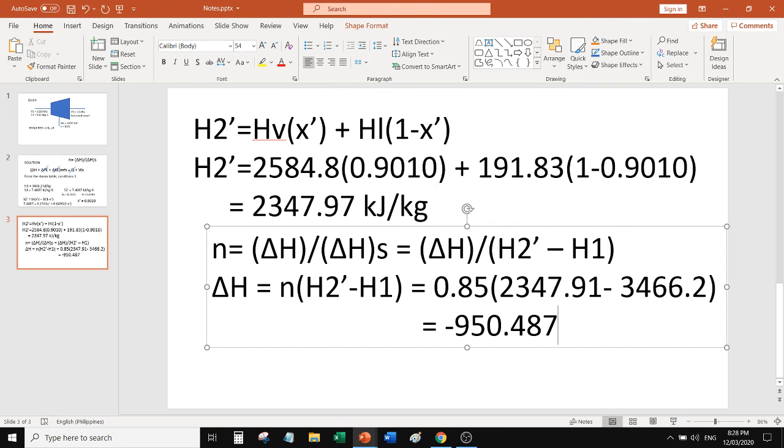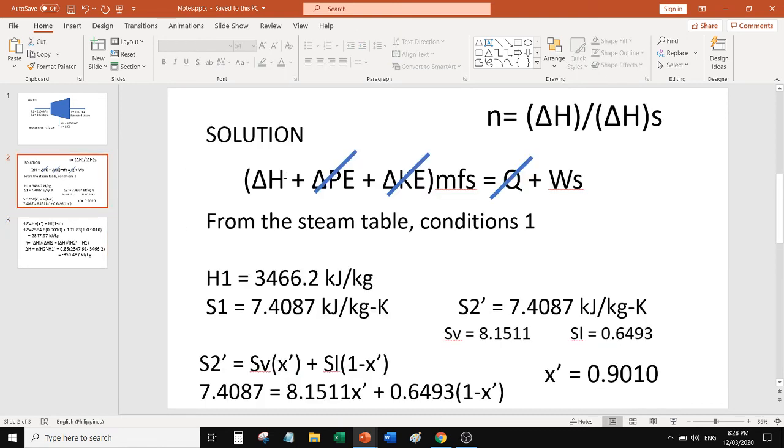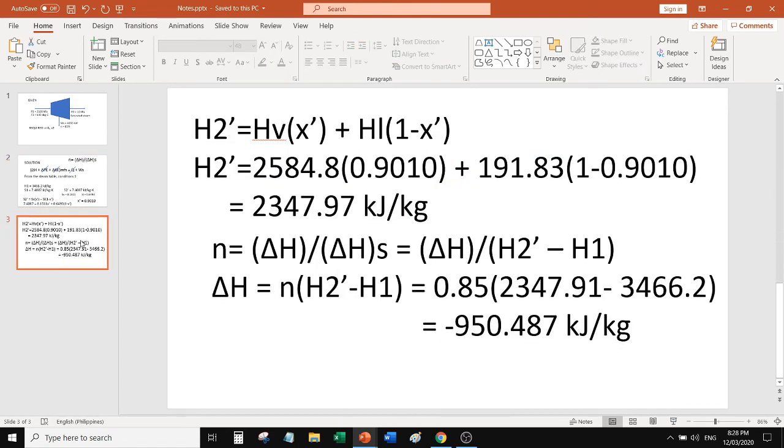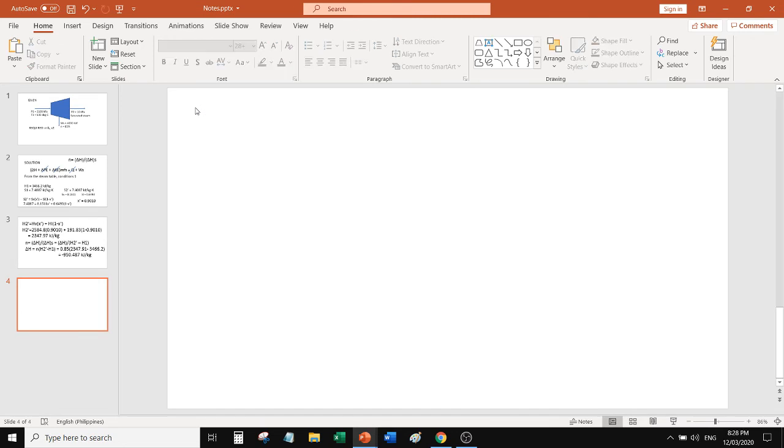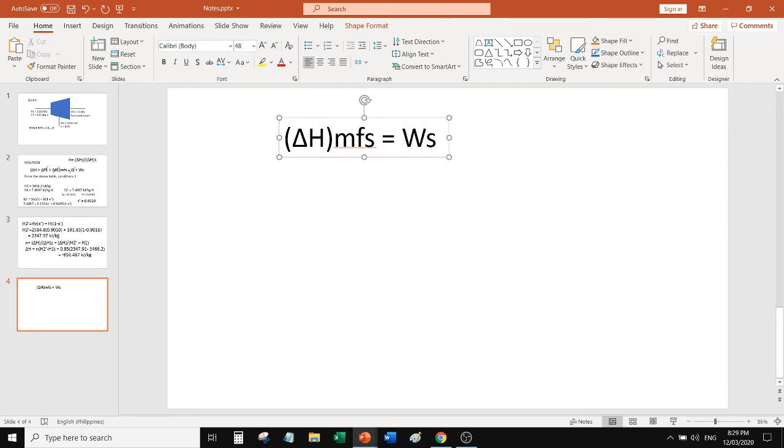Ano ba yung unknown? Yung mass of flowing stream. Ito ay kilojoules per kilogram. So, calculate na natin ngayon yung mass of flowing stream. Balik tayo sa general energy balance, na-simplify na nito, equal to work shaft.